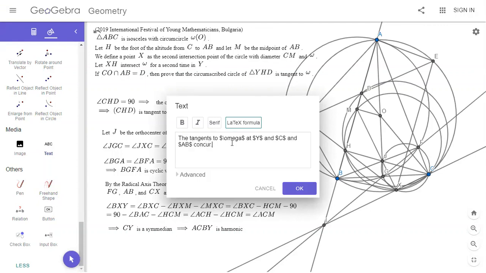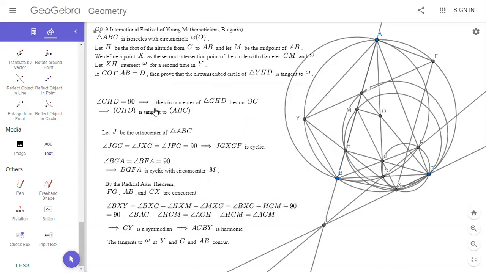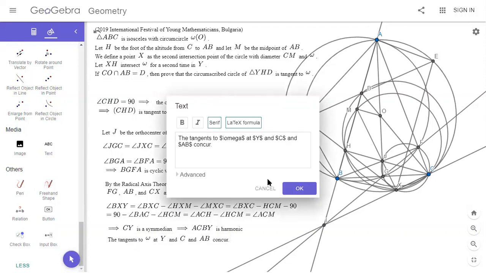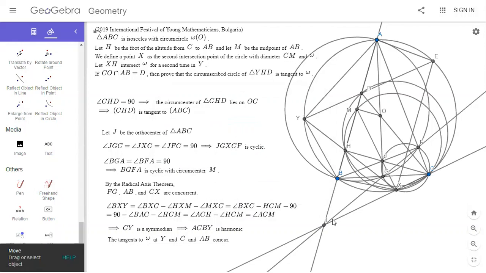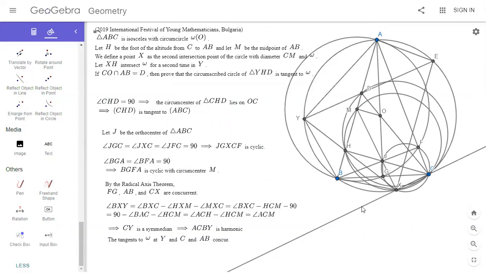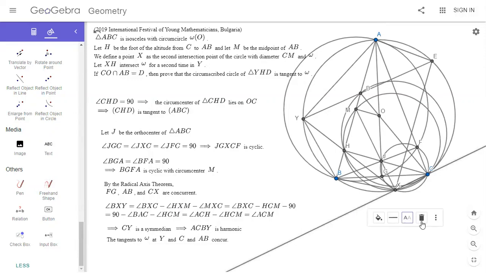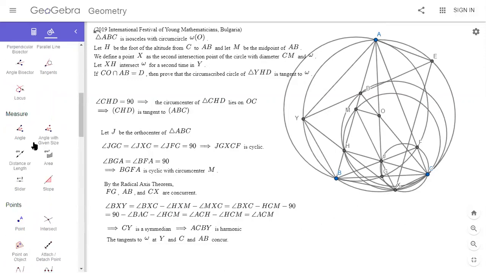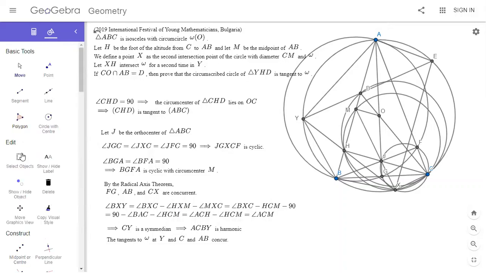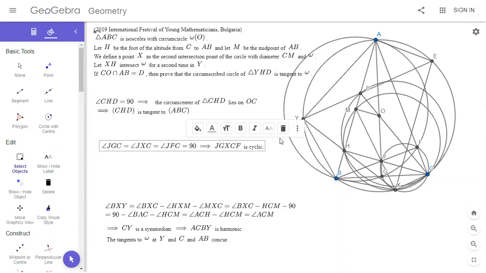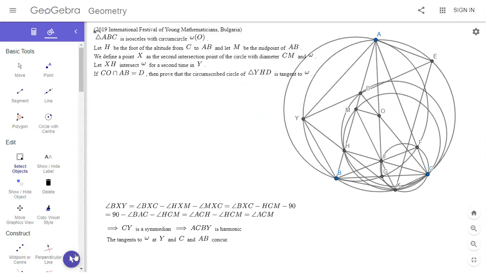Did we even use the fact that it's isosceles? I'll say concur at point I, or no, they concur at a different point. So we don't even need really any of this. Let's see. I'm going to delete everything else that I added. Yeah, we really needed very little.